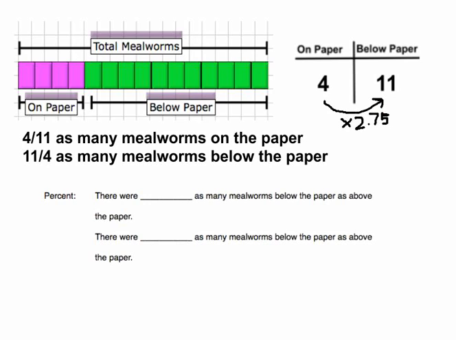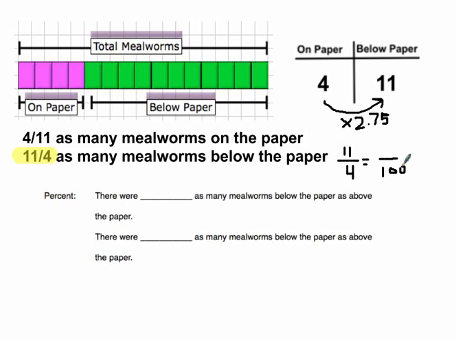And instead of getting into that, we talked about in that last slide too, just looking at that fractional relationship and representing that as a percent. So the relationship, there are 11/4 as many mealworms below the paper. What does that represent as a percent? To get it to a percent, we need to get that denominator to be 100.